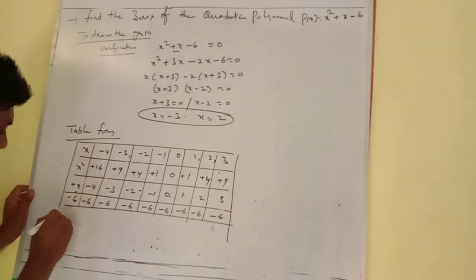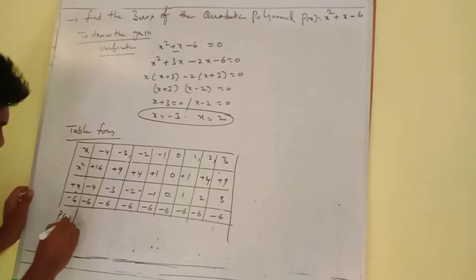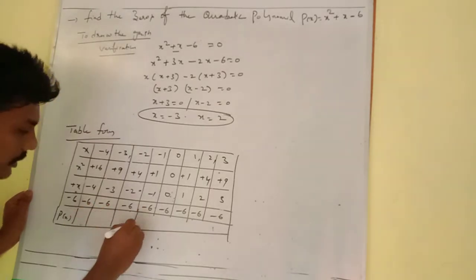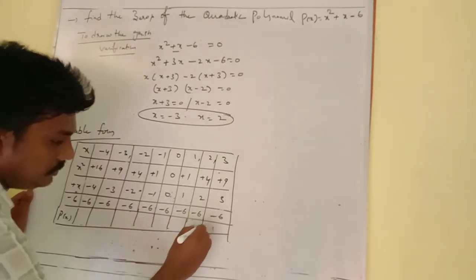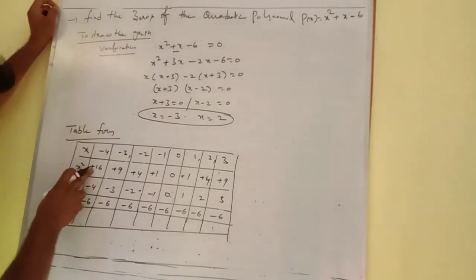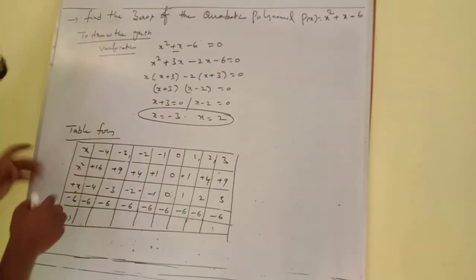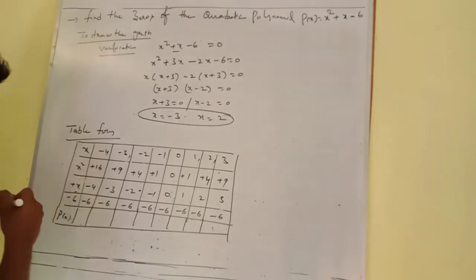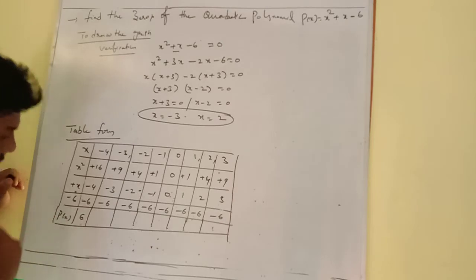Now we have to find the p of x value. What is the p of x value? This is the value of the polynomial. We have to find the value of the polynomial in this table. So here, plus 16 minus 4 minus 6. This is minus 10 and plus 16 becomes 6.